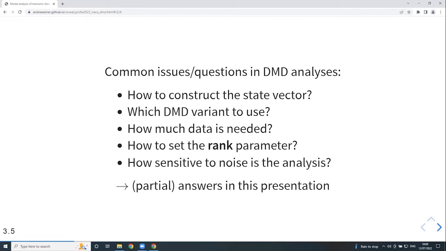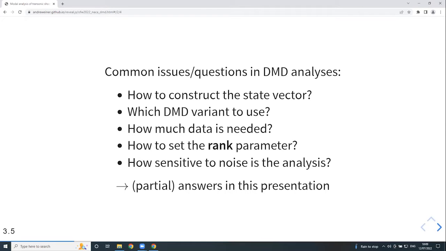Commonly, when you want to apply dynamic mode decomposition to real flow with all sorts of problems, noise and turbulence, which is some sort of noise, you are confronted with the following questions, which I would like to answer during the presentation. The first question would be, which kind of flow fields or derived flow fields to put in your state vector when building the data matrix?